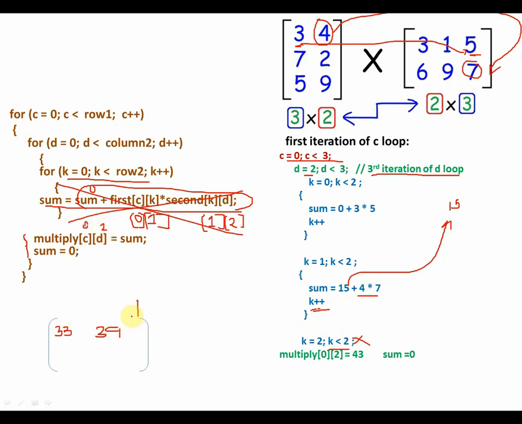So 0 2 is this place, the third place in the first row. So that will be the value 43, because here after doing this you got a value of 43. Okay, then again sum will be initialized to 0.